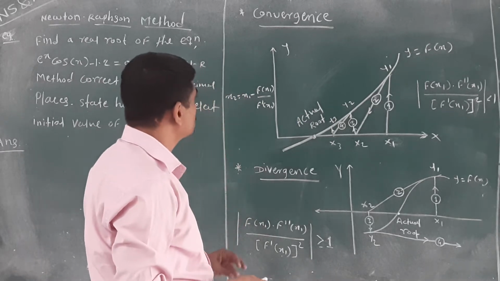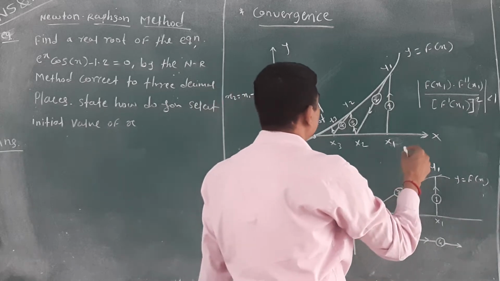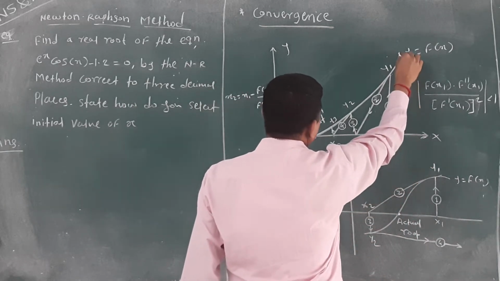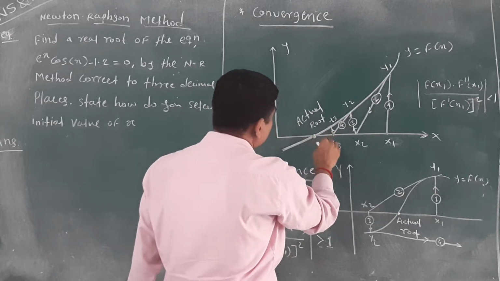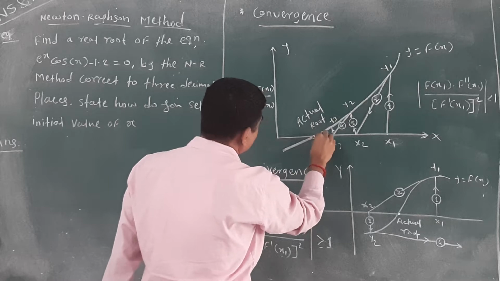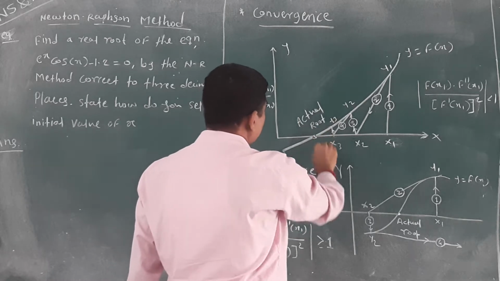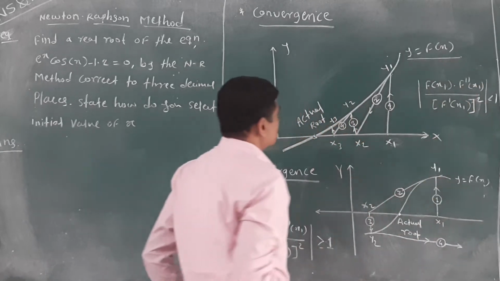In convergence, when you draw this tangent, it intersects the x-axis at a point which represents the root of the curve y is equal to f of x.